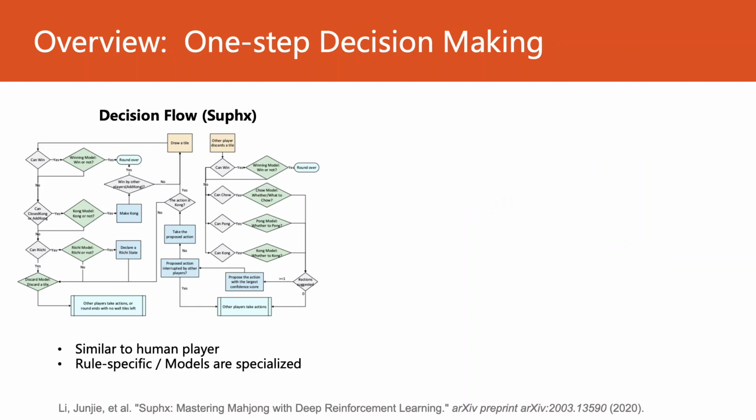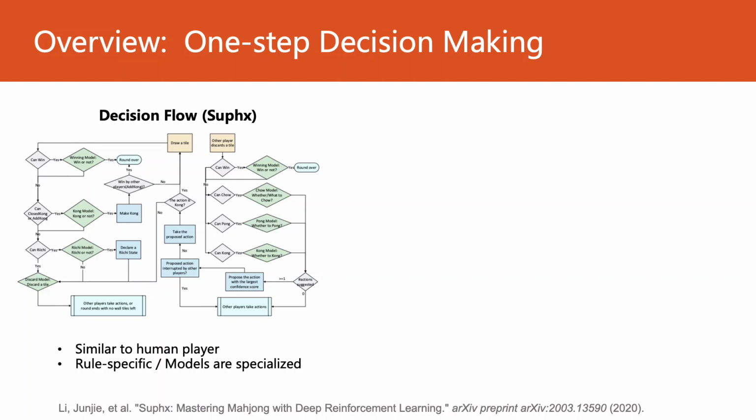Then let's talk about an important design to make our AI a general system: our one-step decision-making method. A traditional way for Mahjong AI to make decisions is such a decision flow, which we see from MSRA's paper Suphx. Suphx learns 5 different models to handle different situations, and each model only decides one type of action.